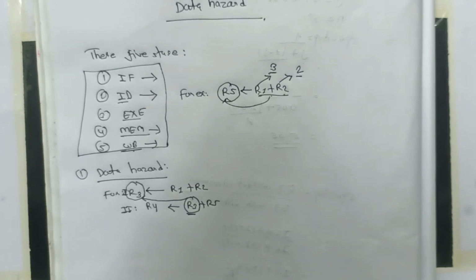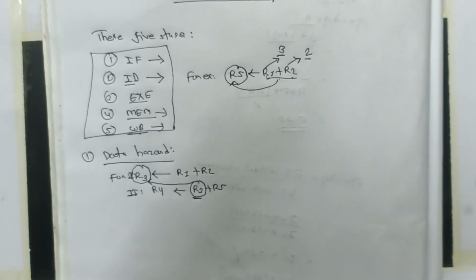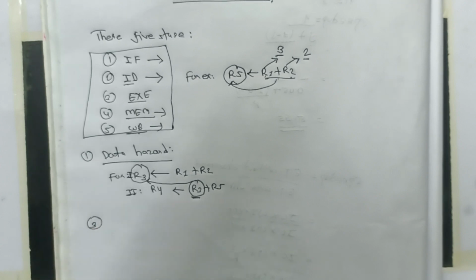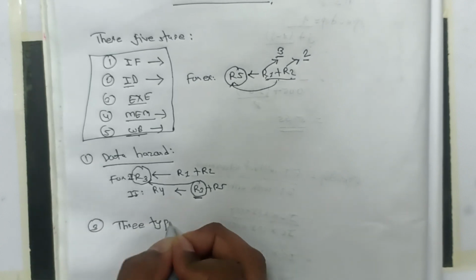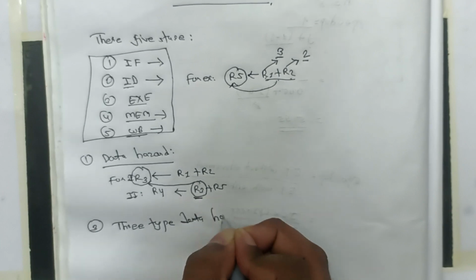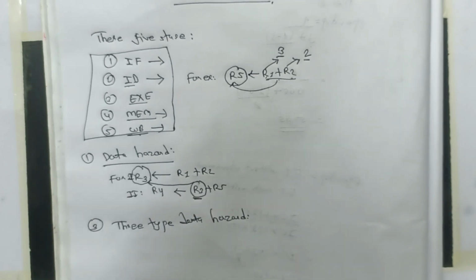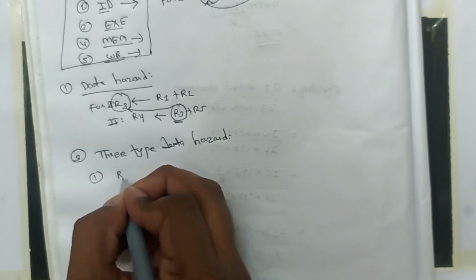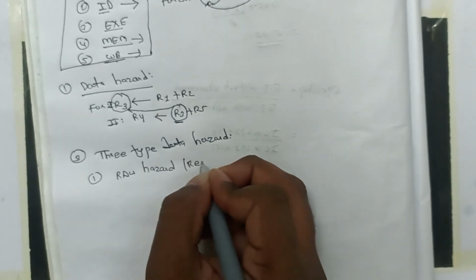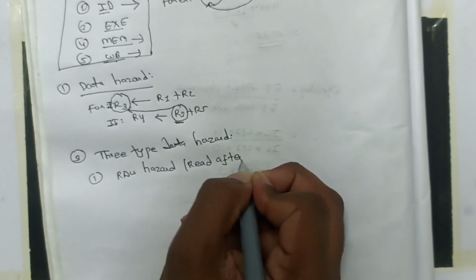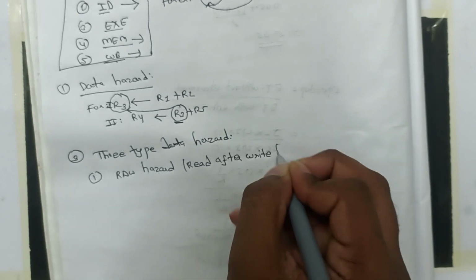data hazard. There are 3 types of data hazard. Number 1 is RAW hazard. It's called read after write hazard.